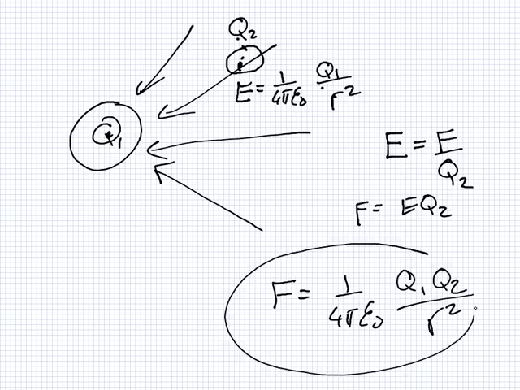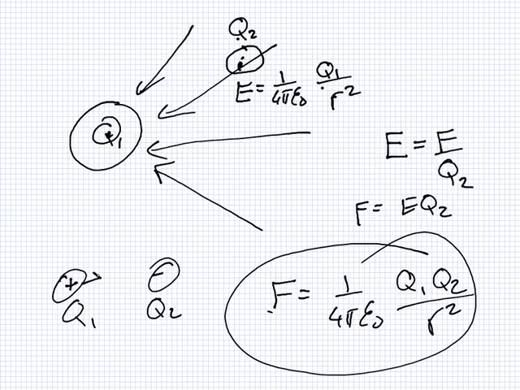This actually is just Coulomb's law. It's the formula that gives us the force between two charges. If this was a positive and this is a negative, then the force would be an attraction force, and if it was positive, positive, or negative, negative, it would be a repulsion force.